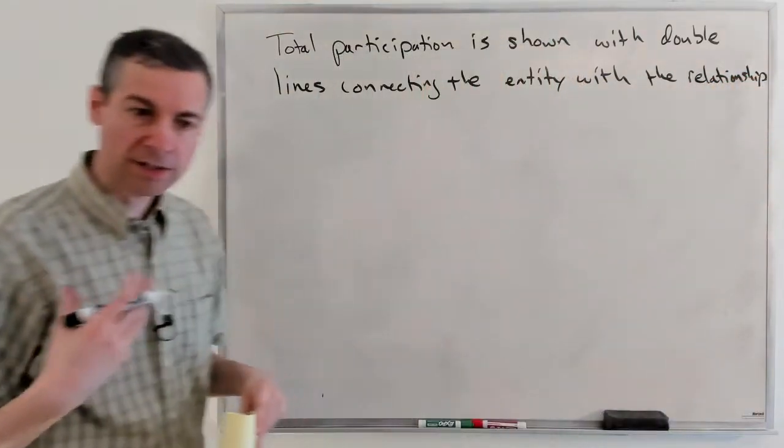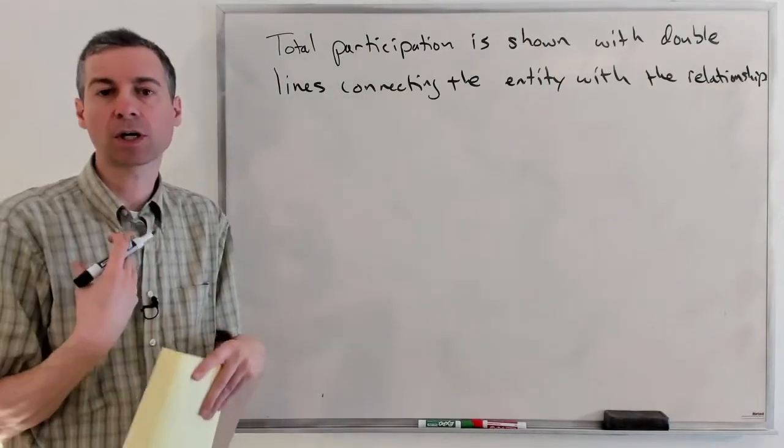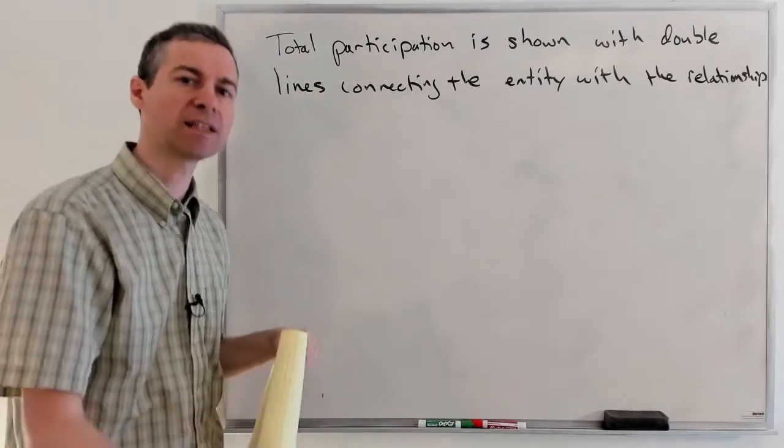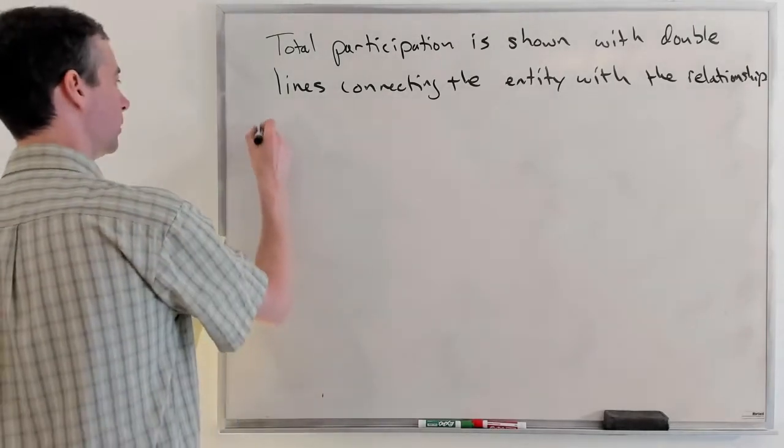So it's the lines between the entity and the relationship that talk about the entity's participation in that relationship. All right. So, an example.